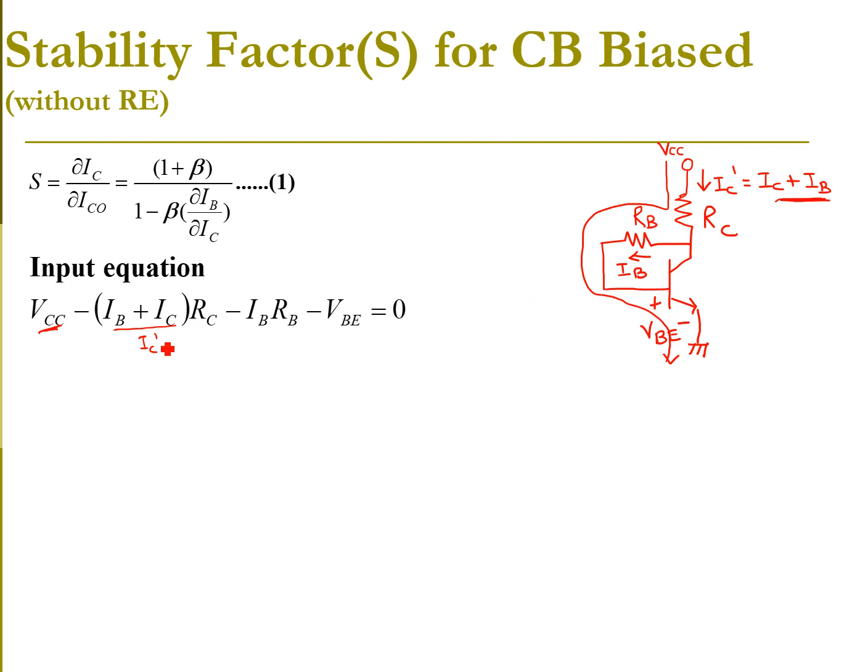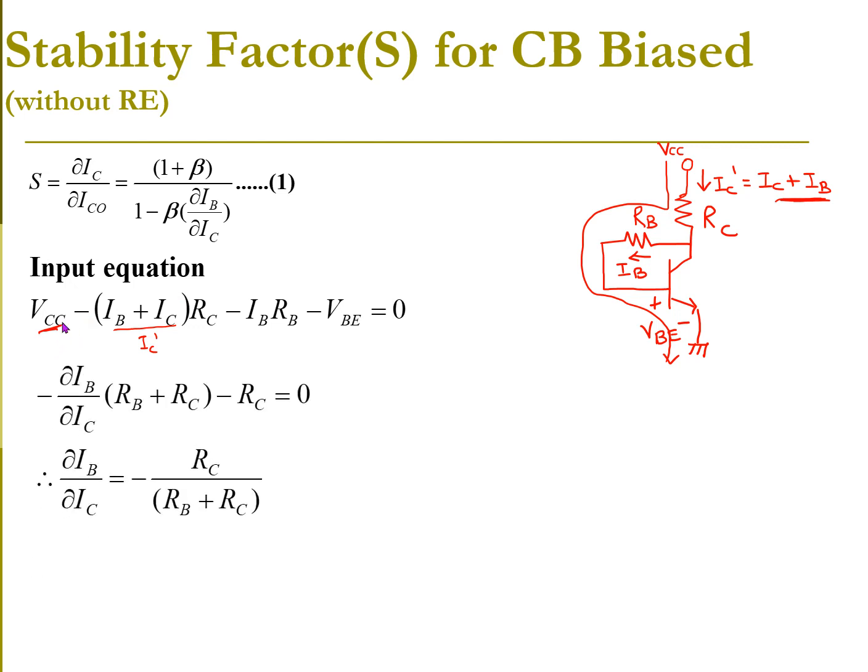After getting the equation of the input loop, differentiate this equation with respect to IC. Since VCC is a constant, its value will be 0, minus over here you will get del IB by del IC. This value differentiated with respect to IC will be 1. So 1 into RC.